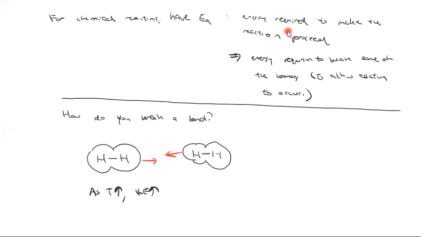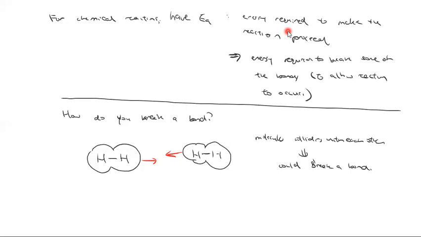Just hypothetically, imagine that if you have molecules colliding with each other, there's a chance they'll break apart, right? That could break a bond. Now, we don't know it will, but it could, depending on how fast they're traveling and all that kind of thing.